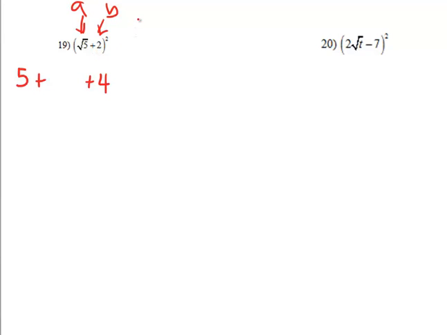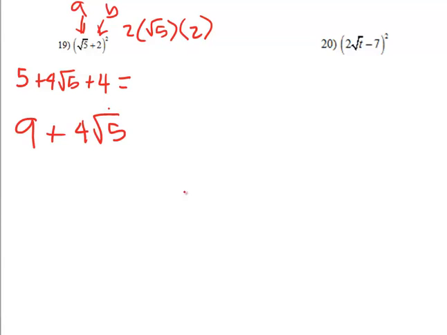And the middle term is 2 times the square root of 5 times positive 2. So that would be 4 root 5. I'm going to combine like terms. 5 plus 4, those are like terms, so 9 plus 4 square root 5.